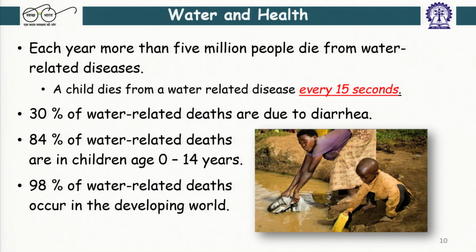For example, lack of access to water, not having proper sanitary facilities, not having proper drinking water at public places. Let me take the example of railway stations. Many railway stations do not have access to clean drinking water. We have those taps, but how good is that water? Things have really improved in the last few years, but in many places you still don't have clean drinking water available.